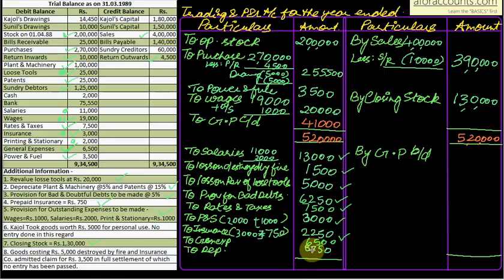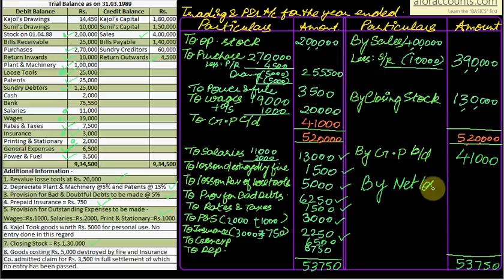The debit side is higher because on the credit there is just gross profit, 41,000, no other income. Take the total. So the total comes up to 53,750. Now the balancing figure will be your net loss, 12,750.